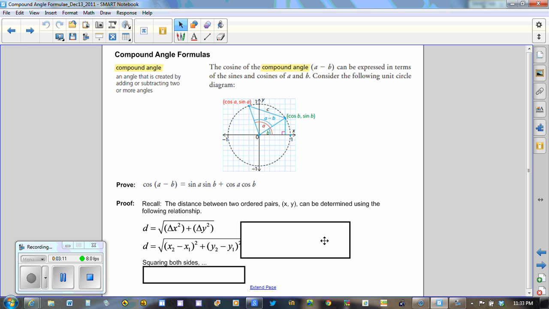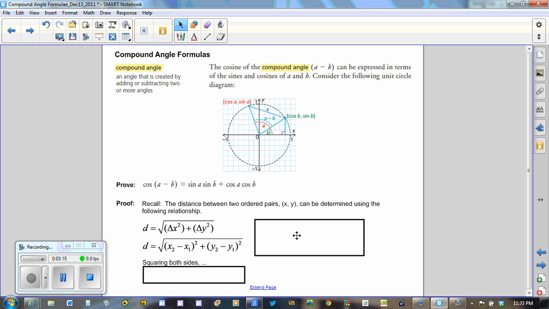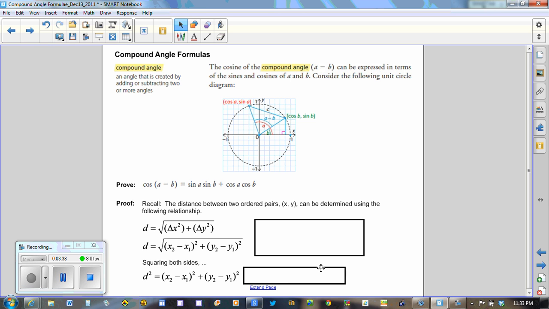Recall that the distance between two points is the square root of the sum of the squares of the differences of your x values and y values. By squaring both sides, we'll remove the radical and we'll have an expression for d squared.